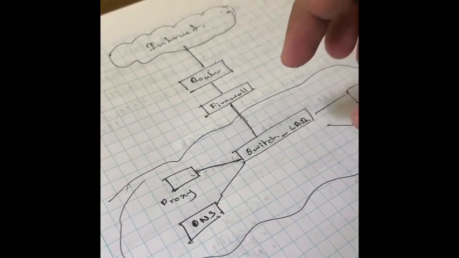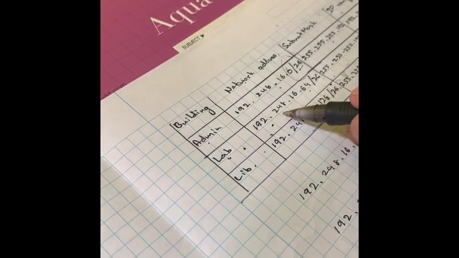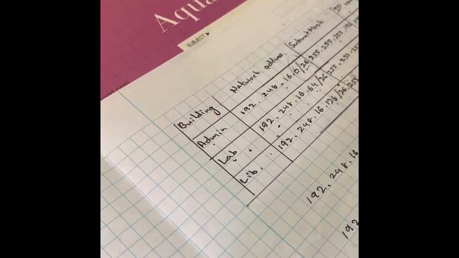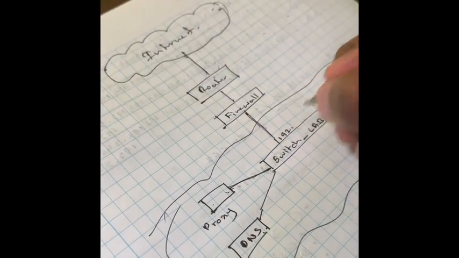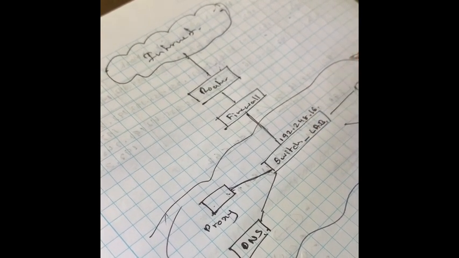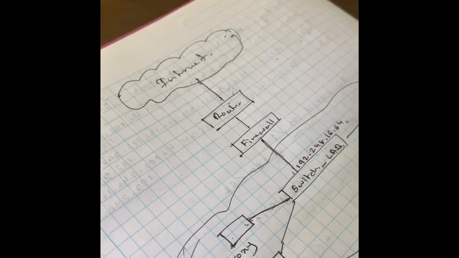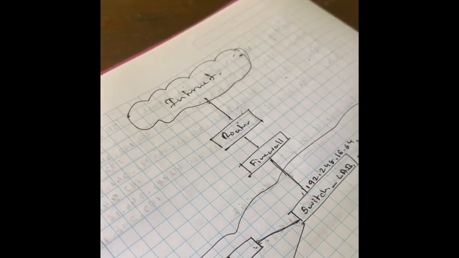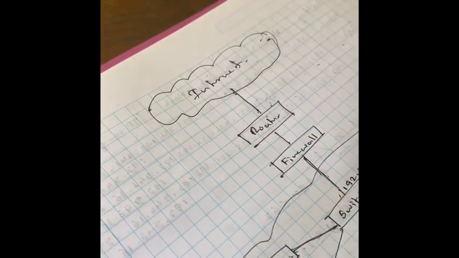So this will be the subnetwork that the lab is in. The lab was given the subnetwork 192.248.16.64, so near the switch we have to write 192.248.16.64/26, because that's how they will know what network this is.